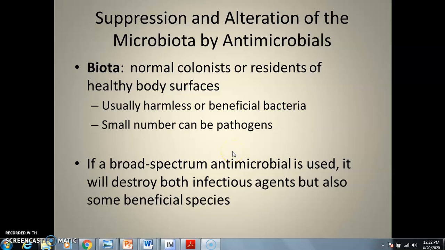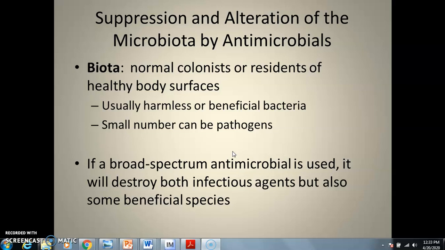All right, so some other factors that we need to think about when selecting drugs is the fact that if you are going to take an antimicrobial drug, or specifically an antibiotic, our body is full of natural microbiota, your resident flora, that are there to help you keep your body healthy, to help with your digestion, to keep your skin healthy.